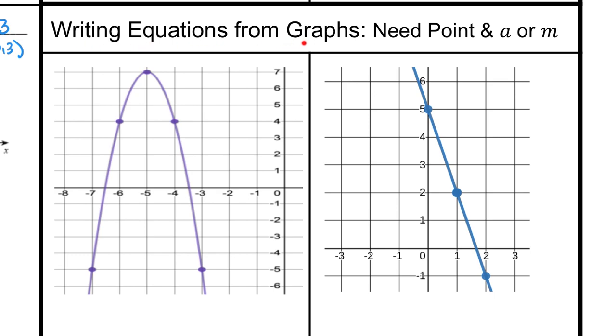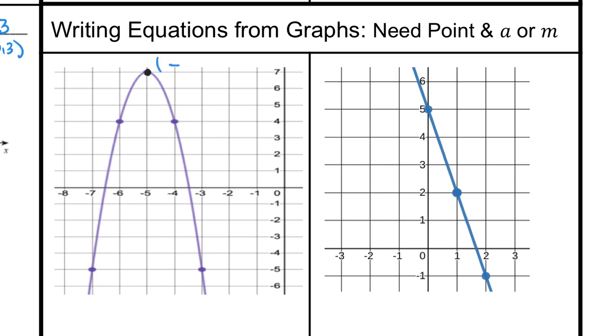For writing equations from graphs, you're just working backwards, and you still need a point and something about the rate of change, so either the A value or the M value. For a quadratic, which is this because it's a curve, or an absolute value, you have a vertex, so we're going to plot that point or record that point, and that's right here.